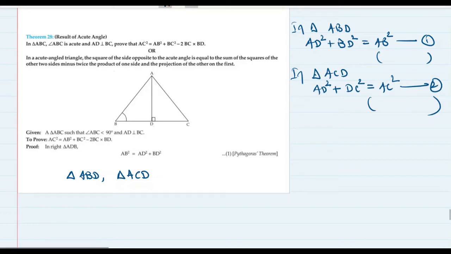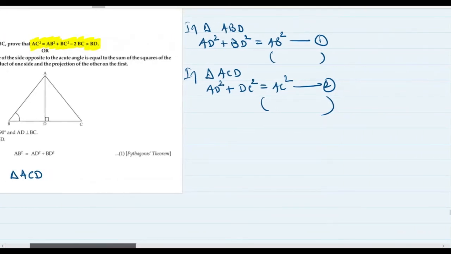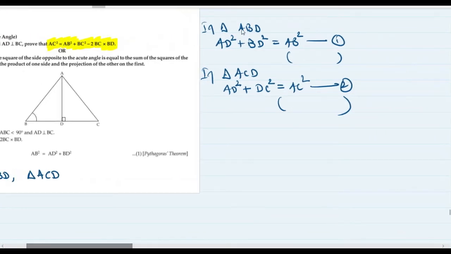I don't see the value of AD square in the statement to be proved. Do you see AD square anywhere? This is the next important technique I'm going to teach you. In the statement which you have to prove, if you don't find any term, that means you need to eliminate that term from your statement.